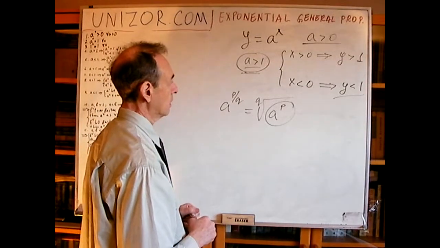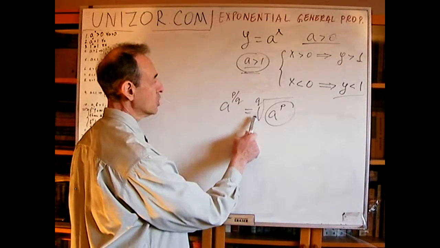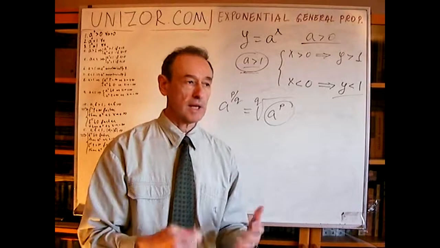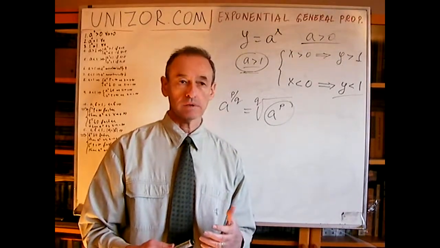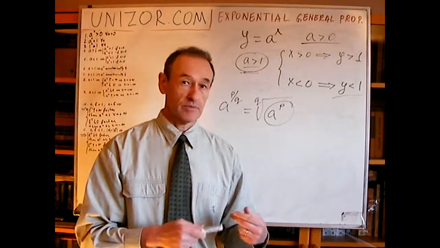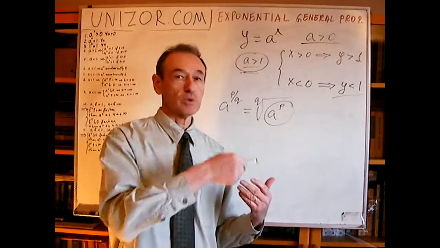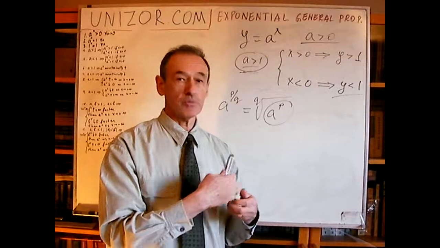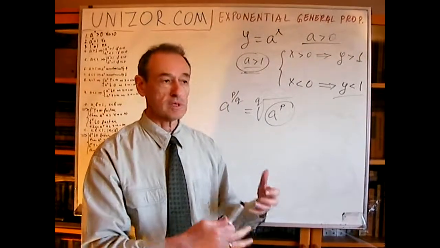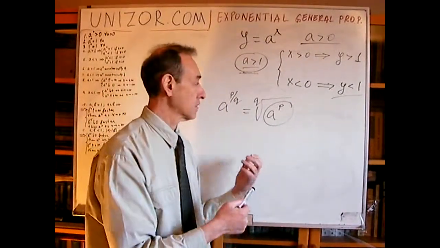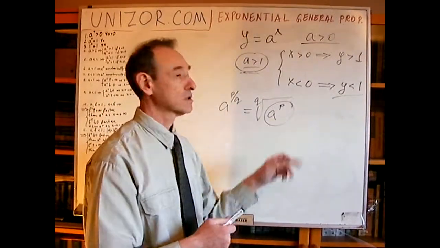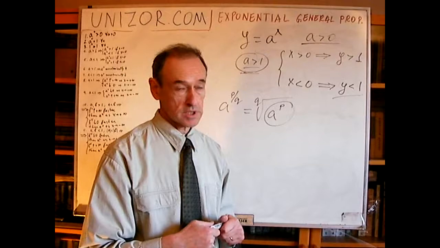Now, if you have a q's root from a number which is greater than 1, you must have the result which is greater than 1. Why? Otherwise, if it's less than 1, and then you raise it to the power of q, every time you multiply it by itself, it will be smaller and smaller, because you assume that the number is less than 1. So it cannot be greater than 1 in this particular case.